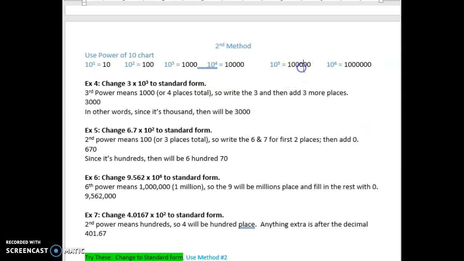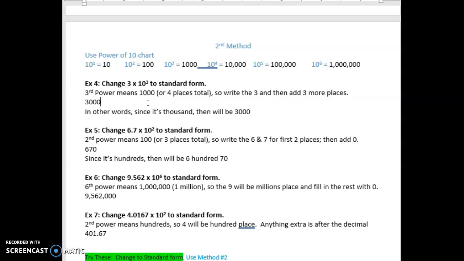Power of 5, 100,000. Power of 6, 1 million. Just like that. So these exponents are talking about how many zeros or how many placeholders are in a number. And we can get an understanding of what type of number the standard form will be by going off of the exponent.